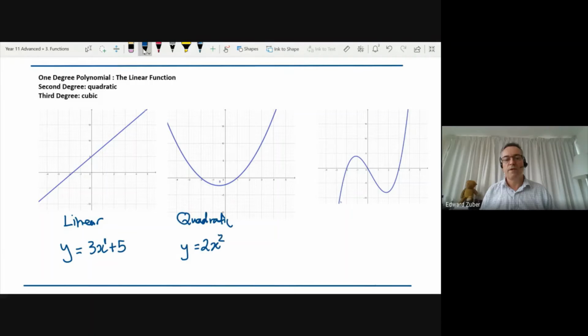So this one might be something like this. And finally, the cubics. We're just becoming more familiar with them. This one could be 2x cubed minus 5x plus, well, it's going through 0, so we'll just leave it like that.